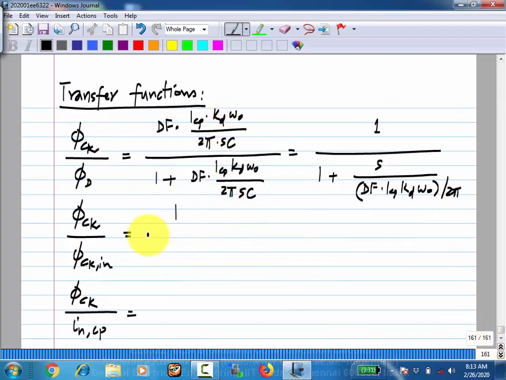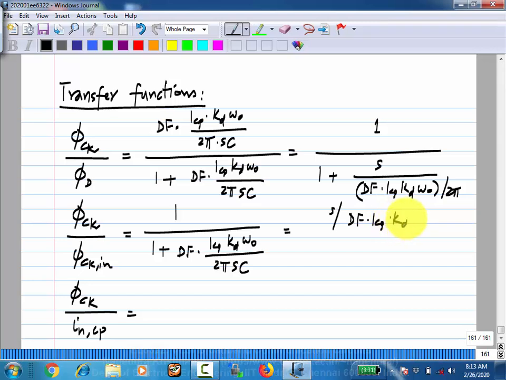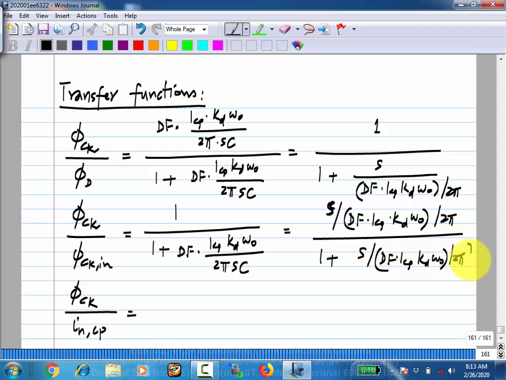So 1 by 1 plus this, which is okay. And what will this be? The last one, phi ck by INCP.